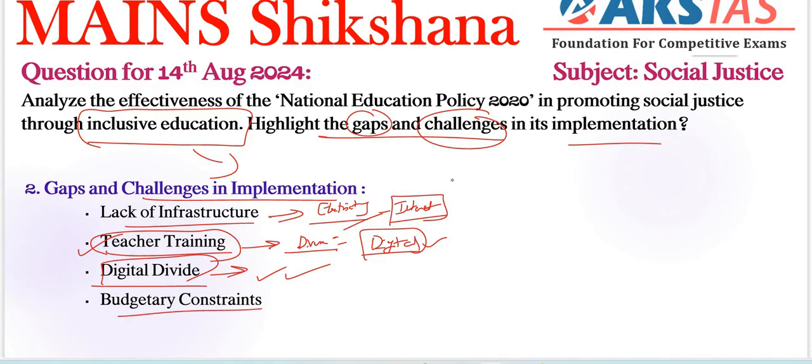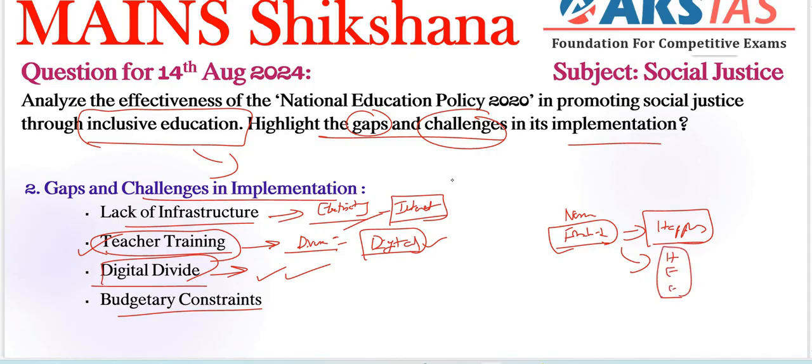Next important thing is budgetary constraints. That is very, very important, especially in India. When compared to Nordic countries like Norway or Finland, every time Finland is the first important country in the happiness index, right? Why? Because they are doing best in health, education, employment, etc., living standards and all, right? That is the case here.